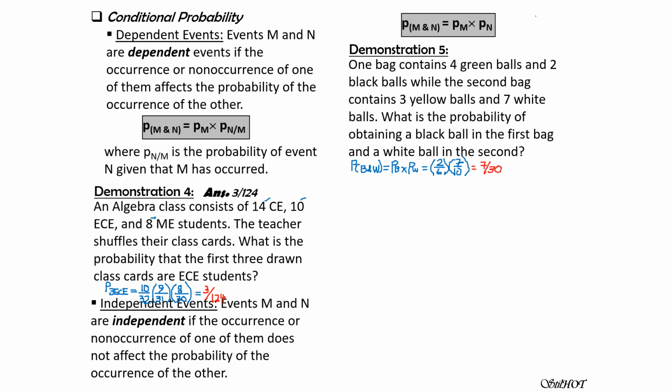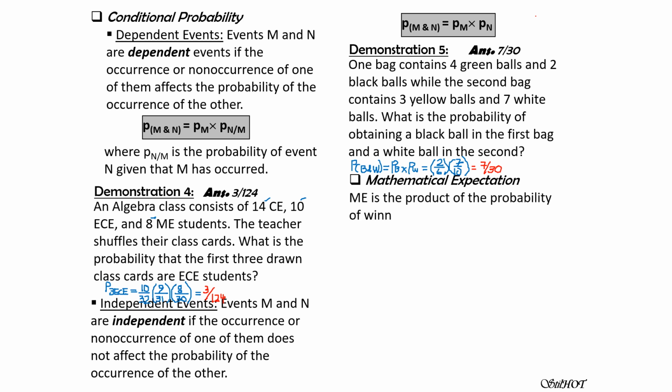Then we proceed to the next case, mathematical expectation. So we define ME, mathematical expectation, as the product of the probability of winning or occurrence and the corresponding expected amount or value to be won or to be received from that probability.